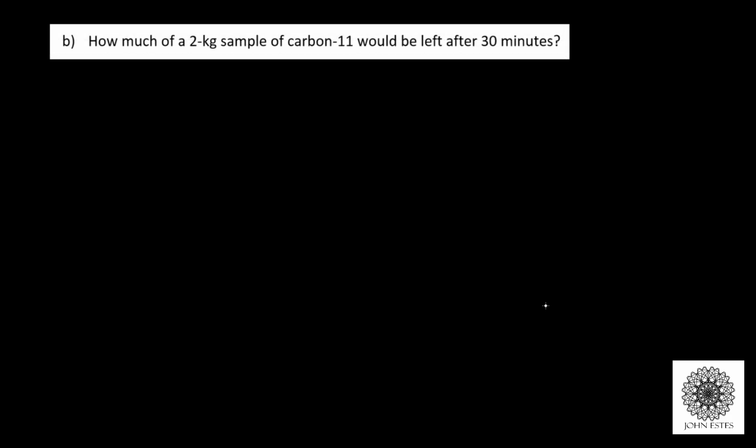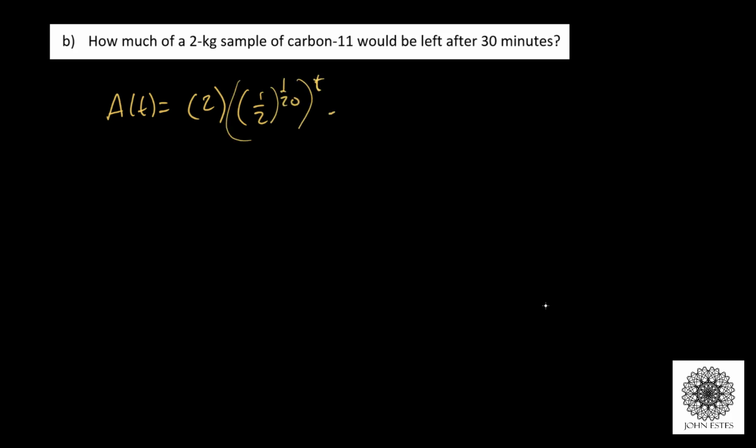So part B says, let's start with a 2 kilogram sample of carbon-11. How much would be left after 30 minutes? Okay, so we just figured out that my A sub t function has my initial amount, and this time we're talking about 2 times 1/2 to the 1/20th power, all that raised to the t power.